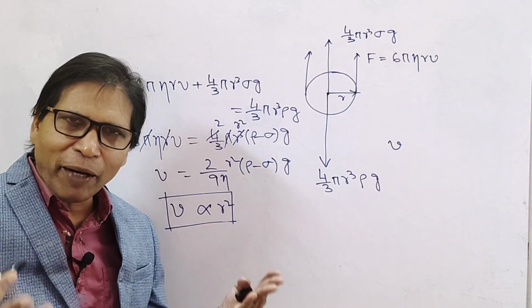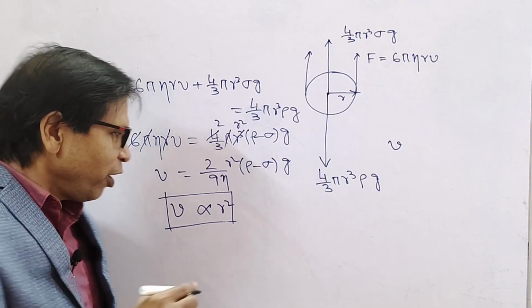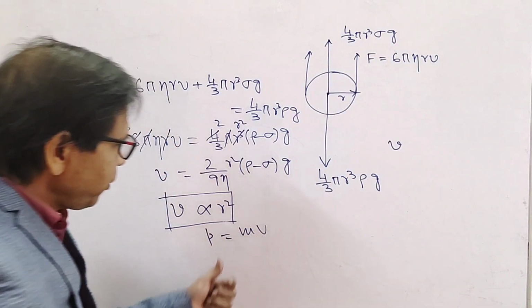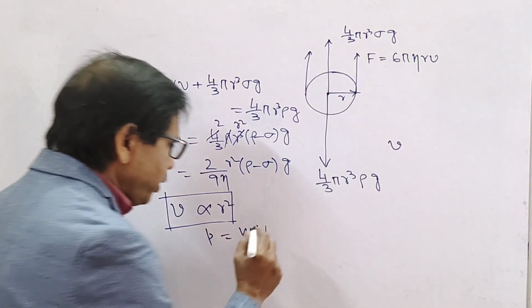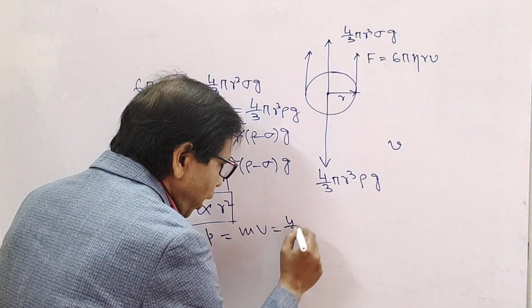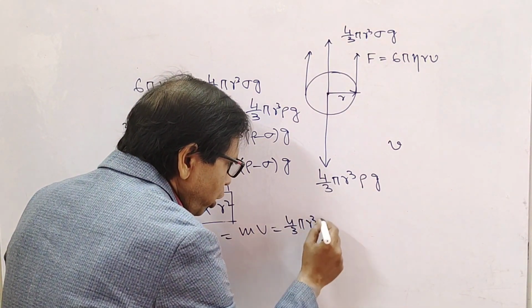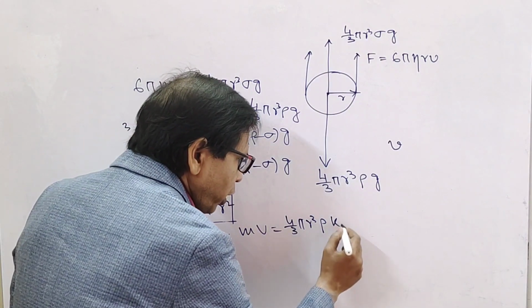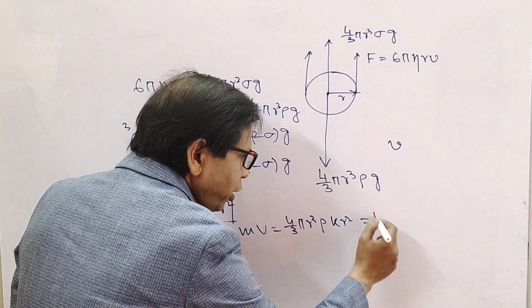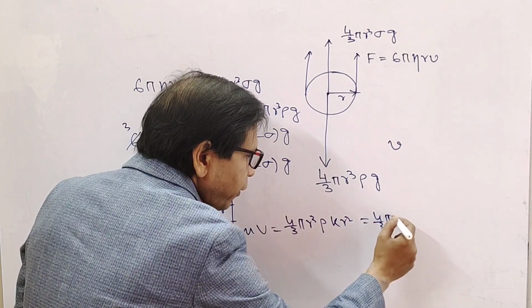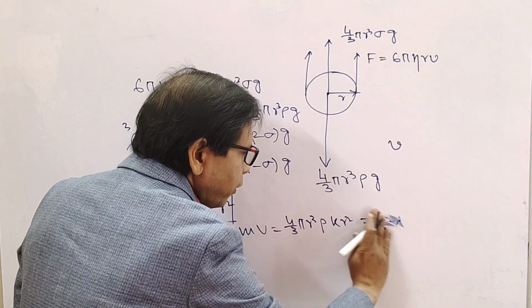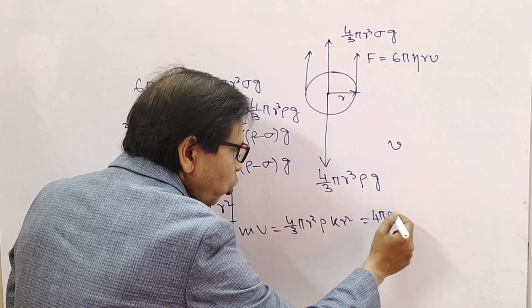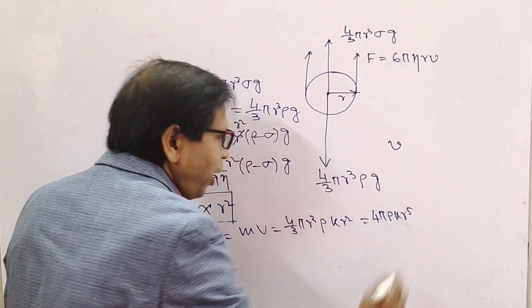What will be the momentum? Look at this. Momentum P is equal to mass into velocity. Mass is equal to 4/3 pi r cube into rho, and terminal velocity v equals k r square. So P is 4/3 pi rho k into r to the power 5.